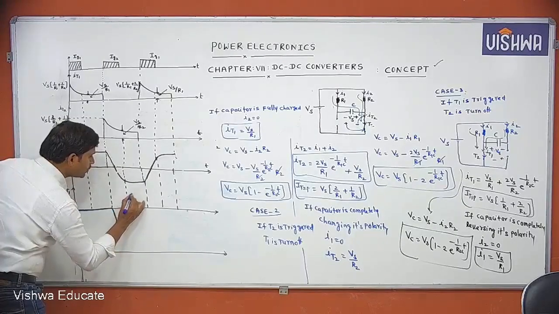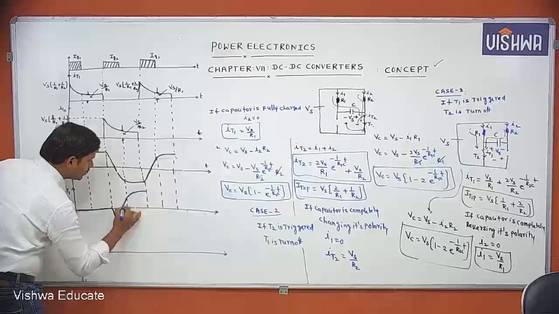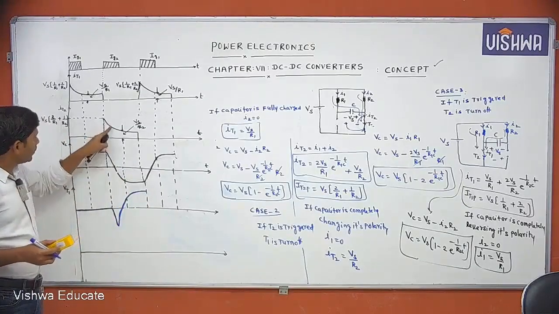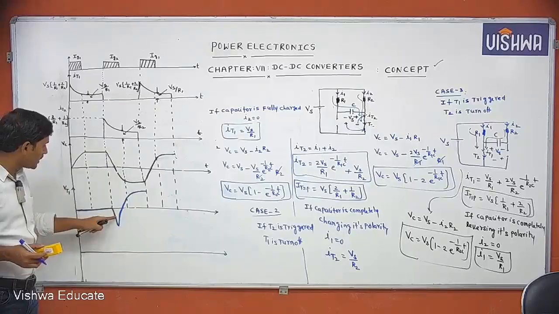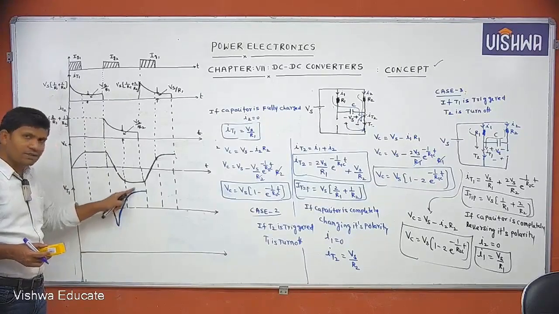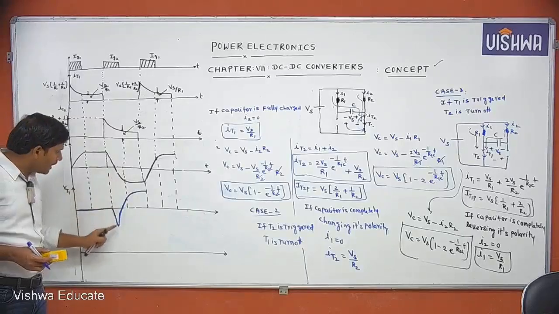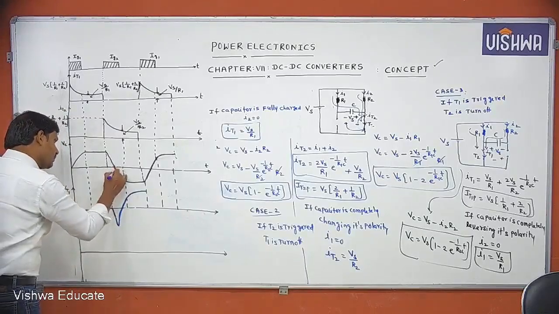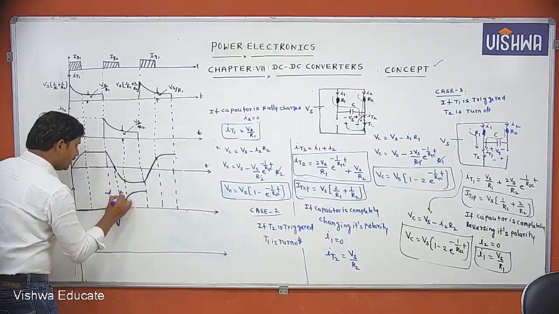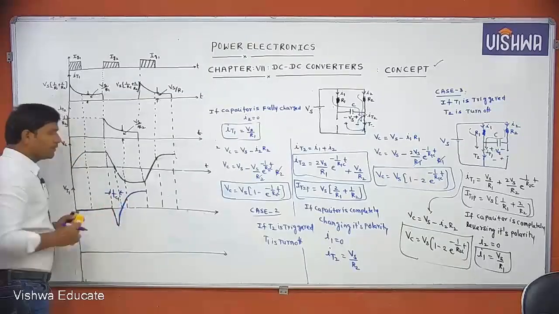Then slowly it charges to a voltage of Vs. Again it charges to plus Vs. If T2 is triggered, negative voltage will appear across T1 and T1 will be turned off. But the capacitor is slowly charging, changing its polarity now, then again changing its polarity. This time is nothing but the circuit turn off time of T1.